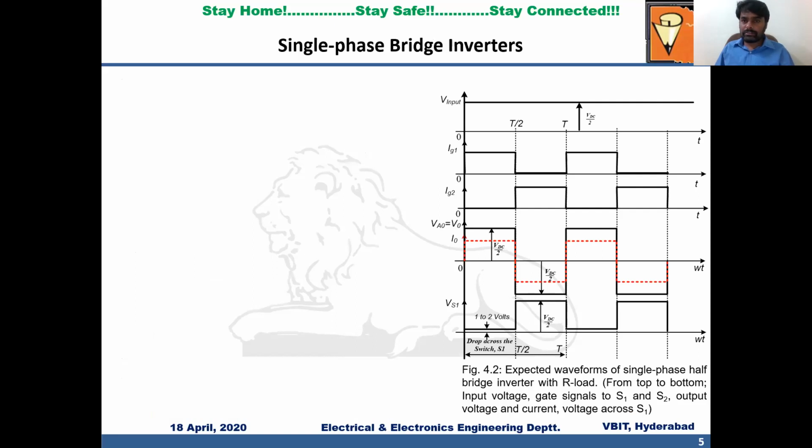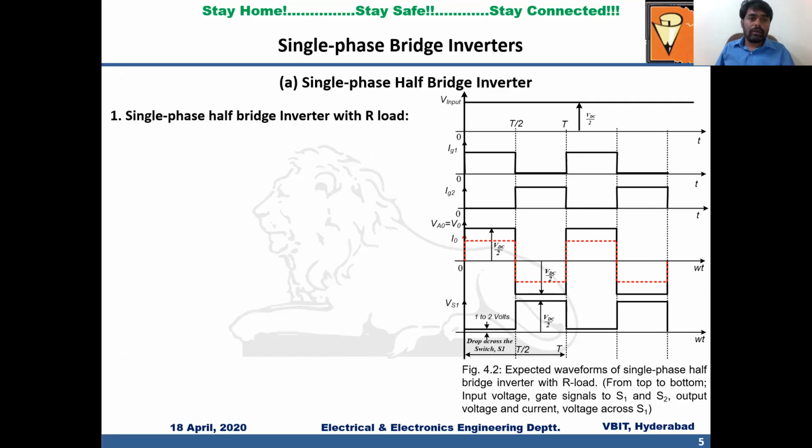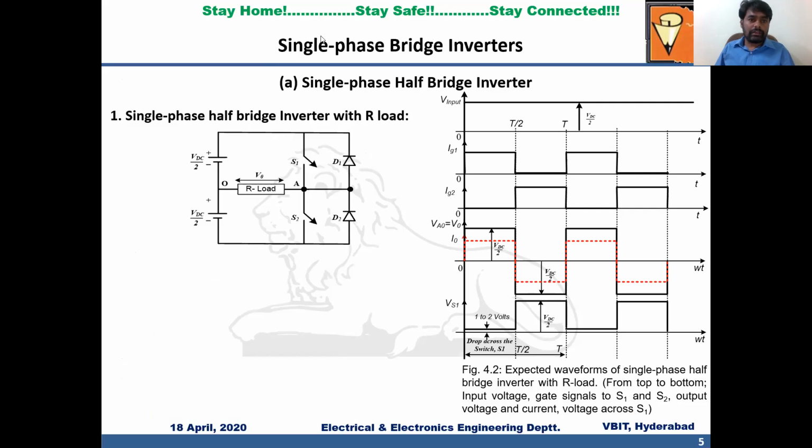So first we'll discuss the single phase bridge inverter. Out of that, I'm going to discuss the single phase half bridge inverter, first with resistive load, then I will go for the RL load. Now this is the equivalent circuit for the single phase half bridge inverter.